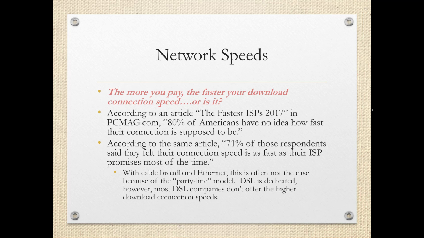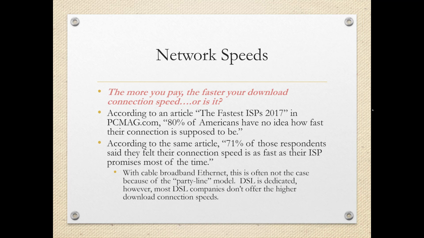If you get on the internet at, let's say, 1 o'clock in the morning and you pay for 100 megabits per second, you might get even a little bit over that, maybe 110 megabits per second. But if you try to get on at 3 o'clock in the afternoon, when all the kids get home from school and jump on Netflix and online gaming, you probably will not get what you pay for, because so many people are pulling from that same line.